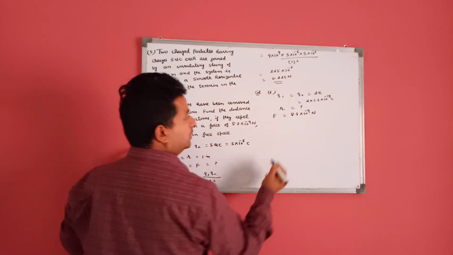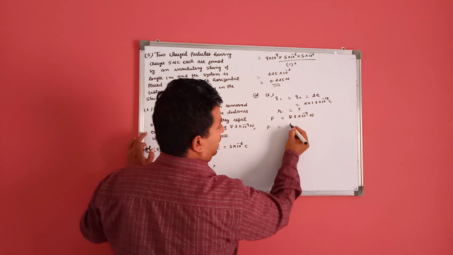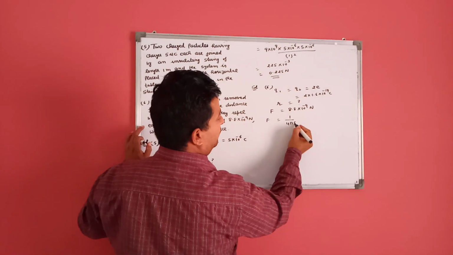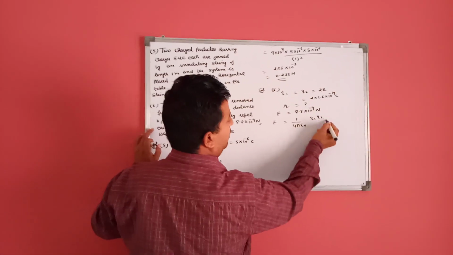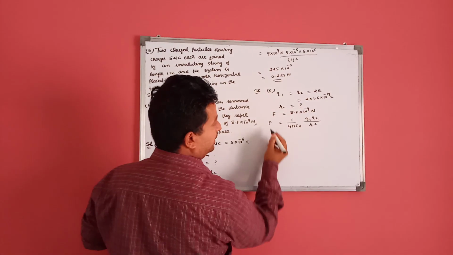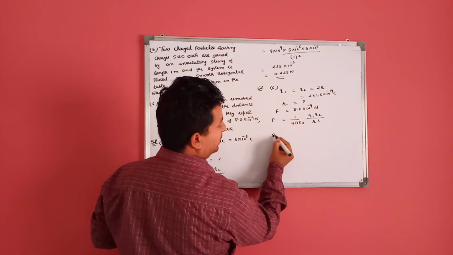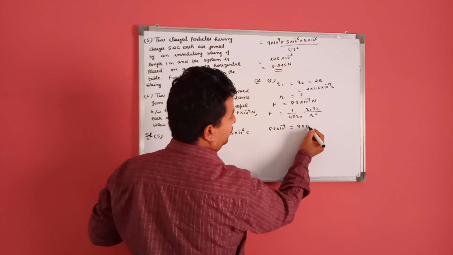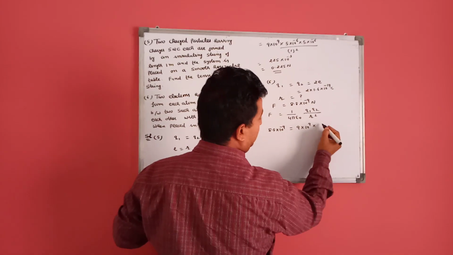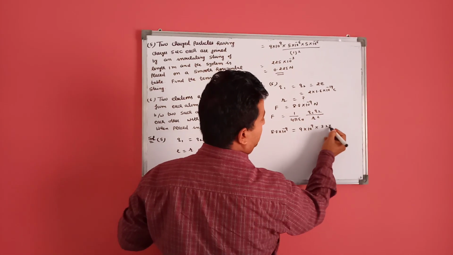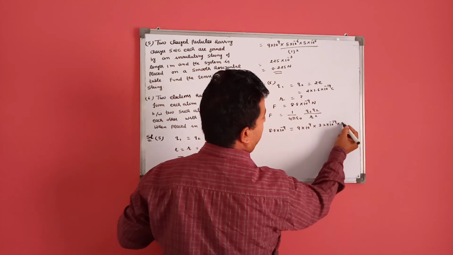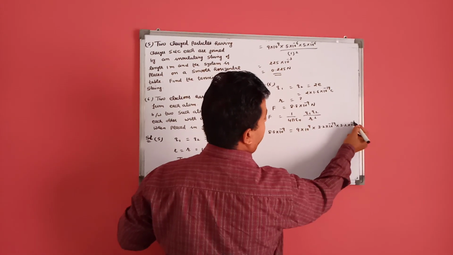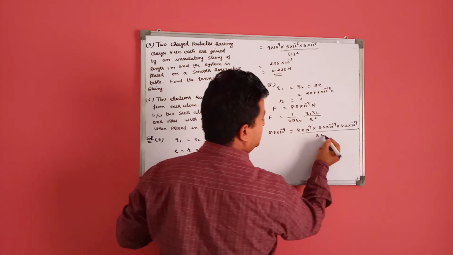According to Coulomb's law, F is equal to 1 by 4 pi epsilon naught Q1 Q2 by R square. Then the value of F is 8.8 into 10 the power minus 9. 1 by 4 pi epsilon naught becomes 9 into 10 the power 9. Q1 is 3.2 into 10 the power minus 19, Q2 is 3.2 into 10 the power minus 19, divided by R square.